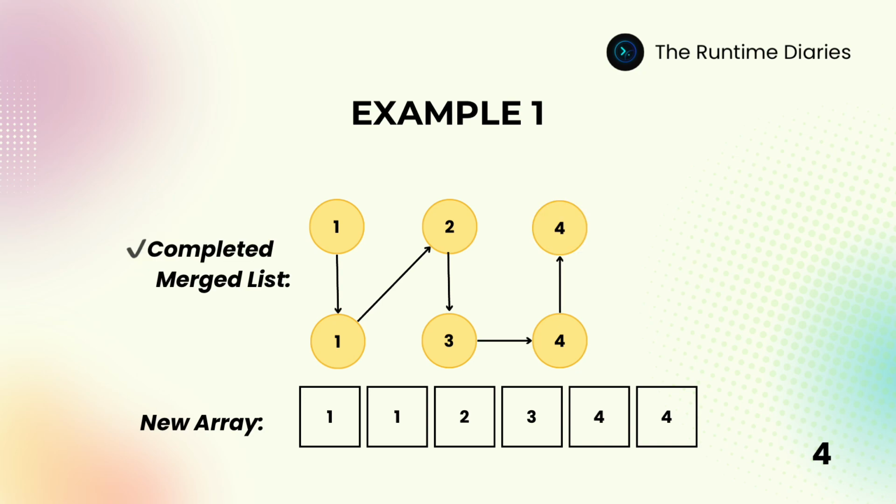After merging, the result should be 1 arrow, 1 arrow, 2 arrow, 3 arrow, 4 arrow, 4. Notice that all 6 nodes from the original lists are present in the merged list.